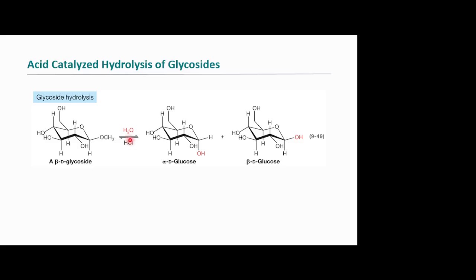Notice under acidic conditions, this protonates, and we can go ahead and have that become a much better leaving group, right? And then we can attack that with the water and put the OH on. It's going to give us two products, which is the alpha D-glucose and the beta D-glucose. Okay? And that's the sort of reaction you would see in your stomach, actually. Because notice that's stomach environment. Now, it is an equilibrium. It will go back and forth continuously.